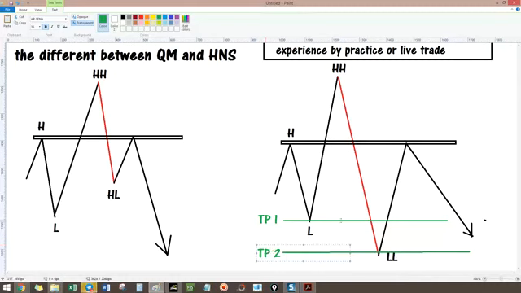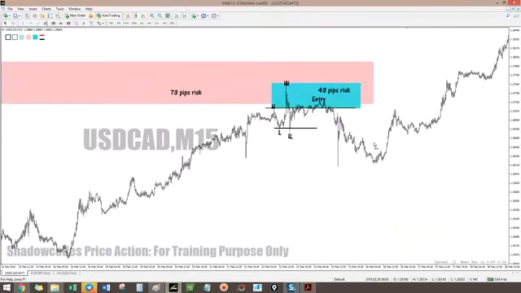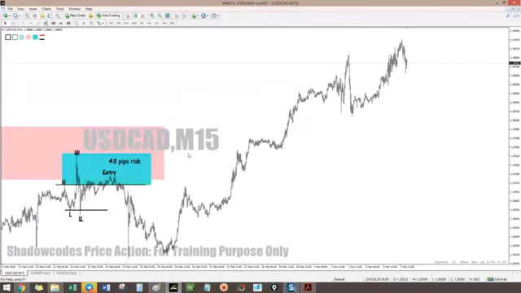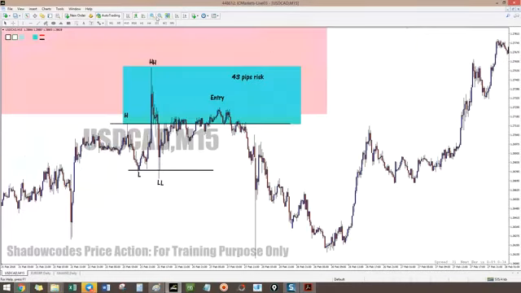I mean, how is the QM? I don't know how the H below is confused. On USD CAD M5. Are you telling me to say this one? Do you want to know about this one, Zeko? I need a response. Are you asking about this one?